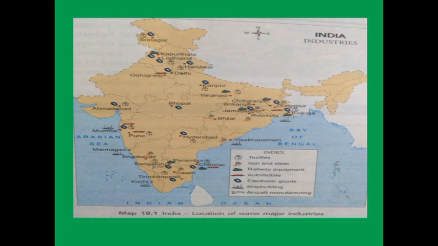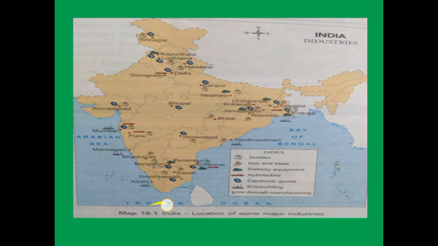Then shipbuilding. Look at the index, shipbuilding, Kolkata, shipbuilding is there. Then next you can see near the seas only, that is in Kochi.